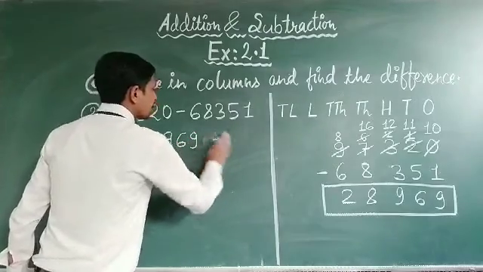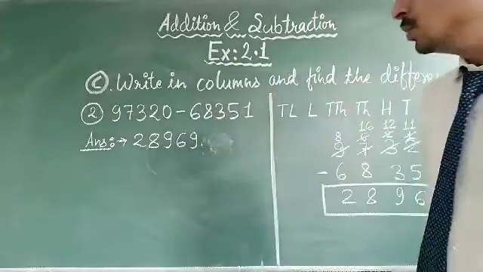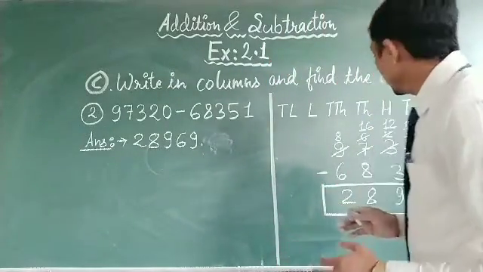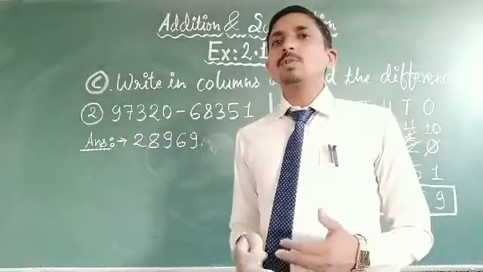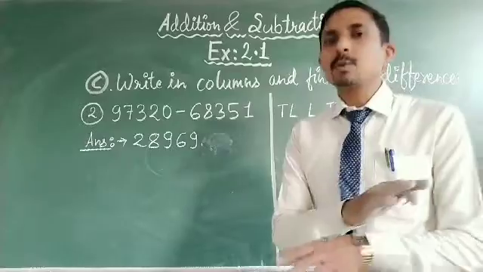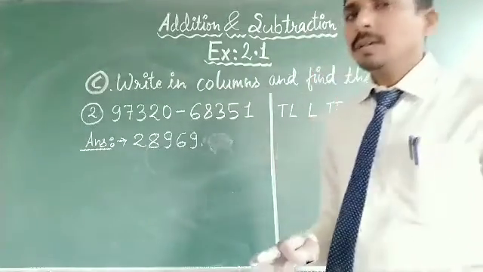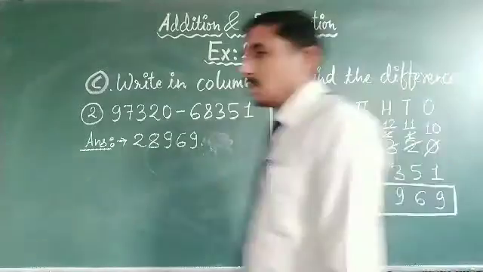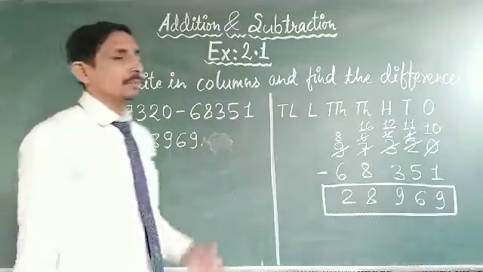So in this way we can easily do subtraction by following this process. So I think in previous classes also you have done subtraction, and the process is same, no change. So in this way you can easily subtract the numbers. So in question number C, the question is write in columns and find the difference.